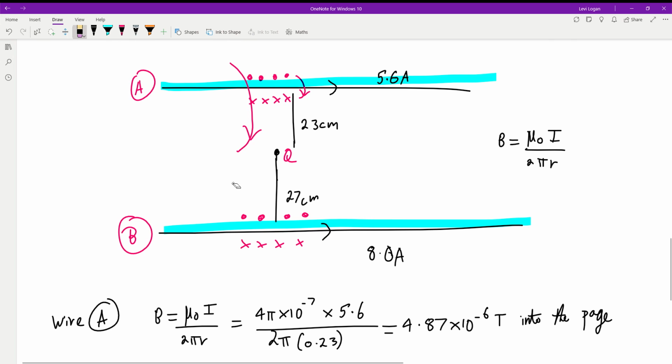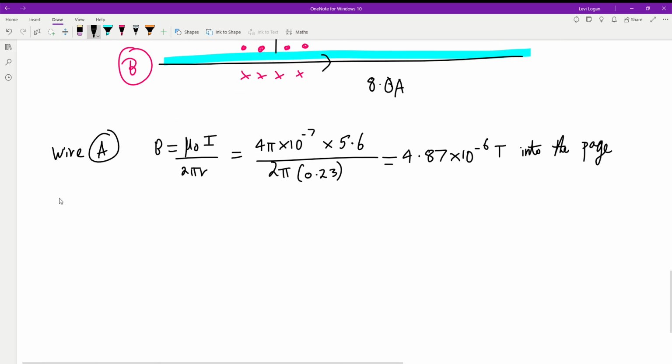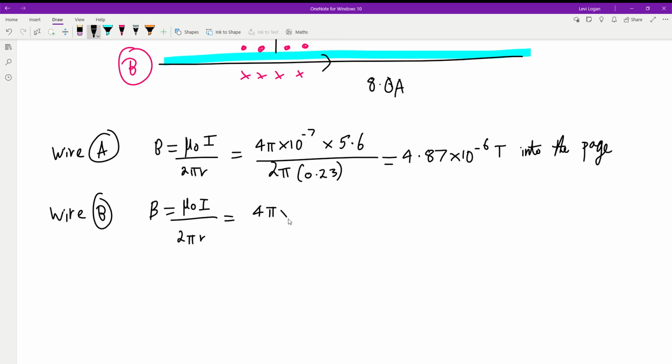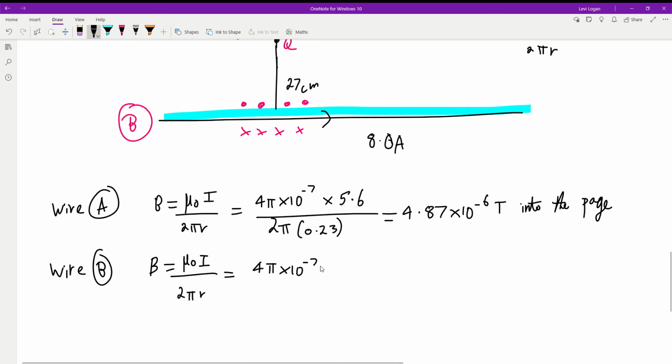So let's take a look at the calculation for wire B. So that's wire A. Wire B, same formula. B equals 4 pi times 10 to the negative 7. Now the amps for this one, this is a stronger current here, but still conventional, so we can still use it. I try not to keep the units in my calculations. I put them afterwards.